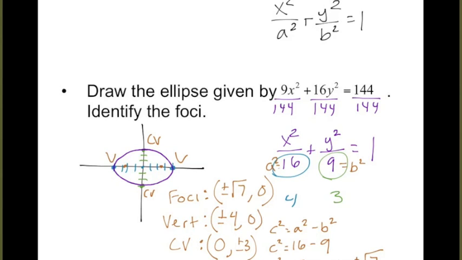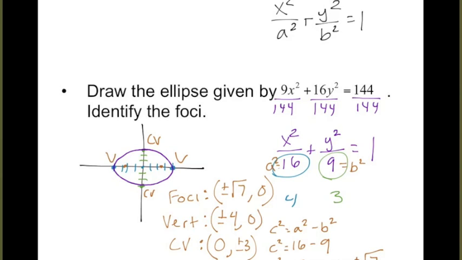So just by looking at the equation, we could actually get these without even the graph. We just want to take the square roots of those numbers and put them into the part of the point that matches the letter they're with. So 16 is with x, so 4 goes in the x spot. 9 is with y, so 3 goes in the y spot. Your foci and your vertices should always match.